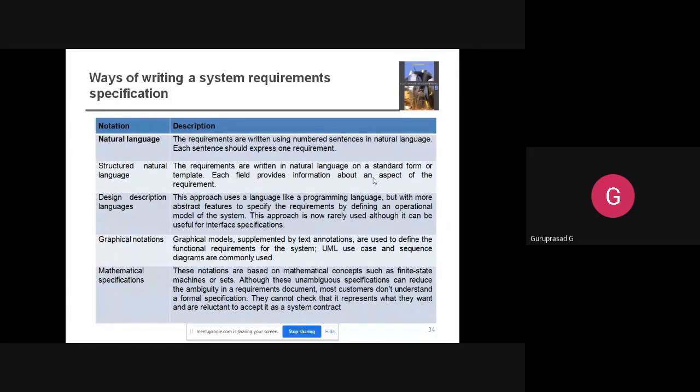Fine. Now we are moving towards how to write the system requirements other than natural language. We call it structured natural language. Please see the table. The second one is written there. Structured natural language. What is the structured natural language?